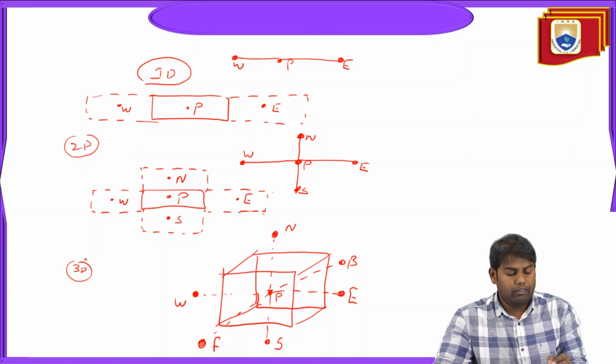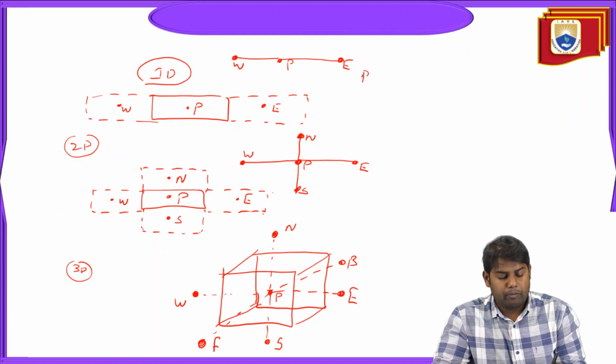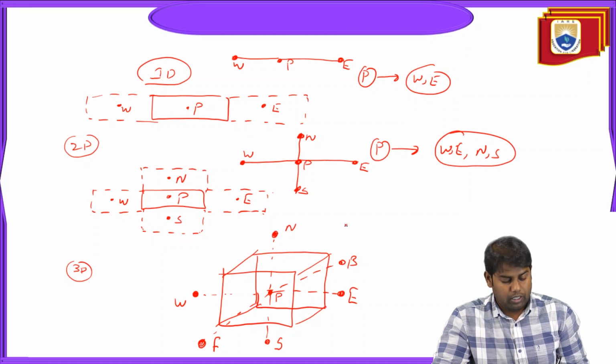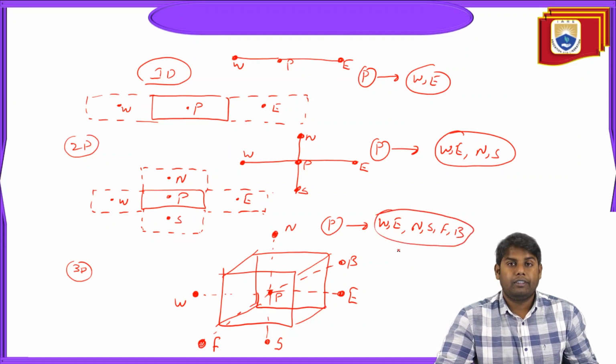So what are the dependencies? In 1D, the point of interest P depends on west and east. In 2D, P depends on west, east, north and south. In 3D, P depends on west, east, north, south, front and back.